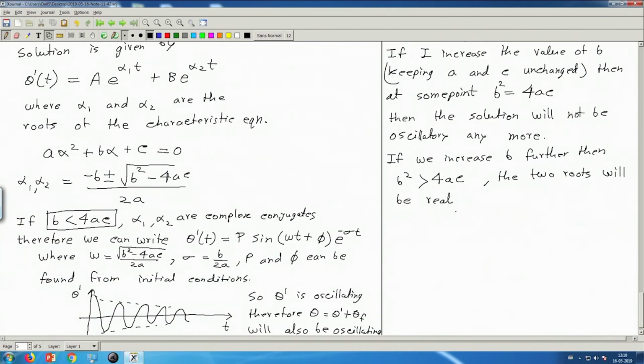They will be of the form minus B plus minus root over B square minus 4AC. Now B square is greater than 4AC, so this will be a positive number, so both the roots will be real. So again, theta will not be oscillatory.